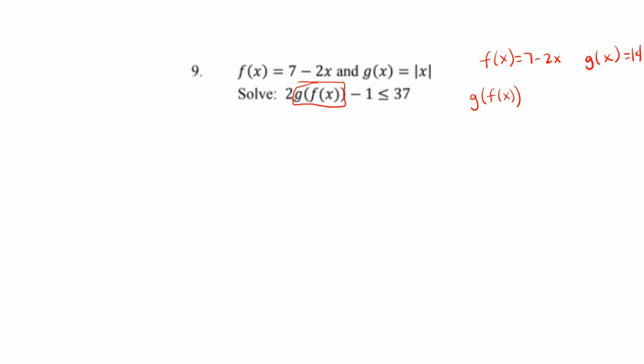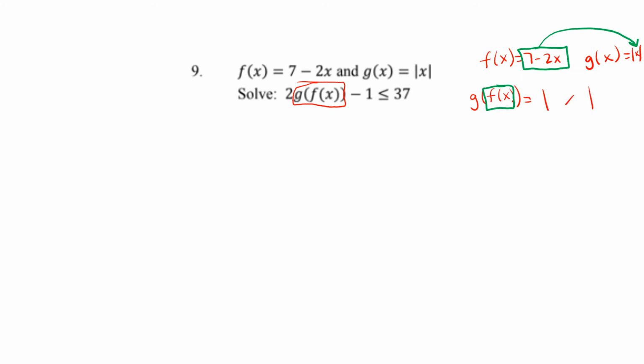Again, it just becomes which function is inside. Right? In this case, f of x is inside of g. So we're taking whatever f of x is, 7 minus 2x, and we will substitute it inside for x in g. Right, so g of x originally looks like this.